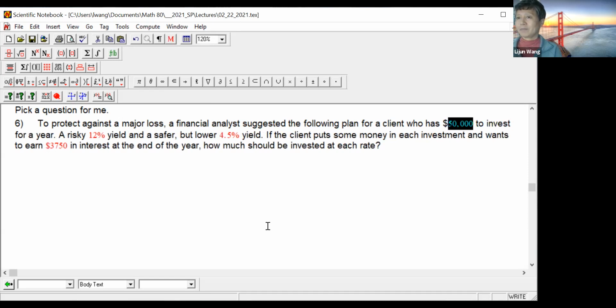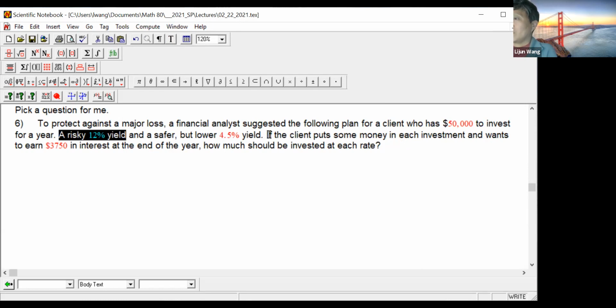To protect against a major loss, the financial analyst suggests the following plan for a client who has $50,000 to invest for a year: a risky 12% yield, and a safer but lower 4.5% yield.